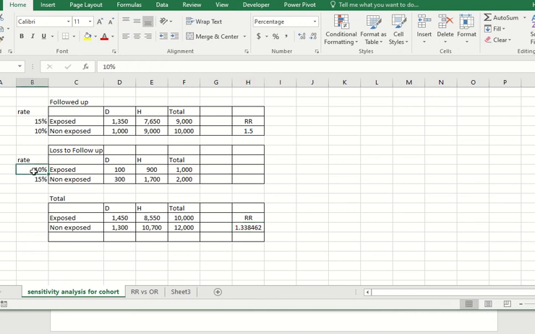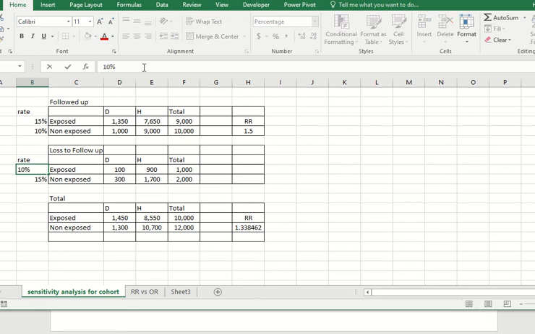Okay, so let me start with the scenario where those that I lost to follow up are exactly the same as those that did not lose. Okay, if the loss to follow up are like those that remained, the relative risk should be the same, 1.5, because those I lost are exactly like those who stayed with me. So let's try that.